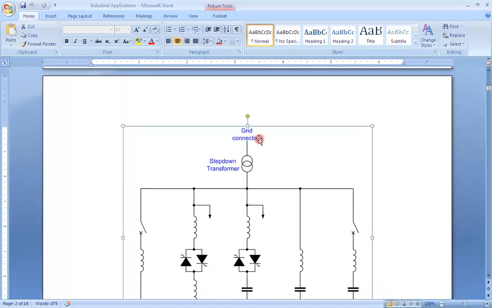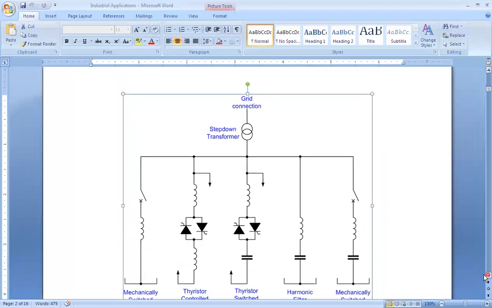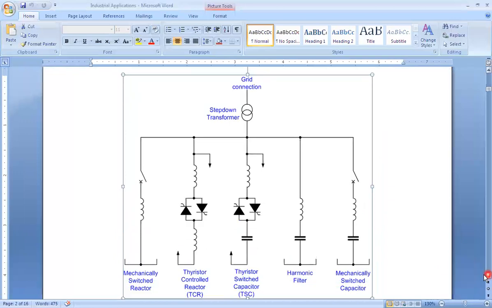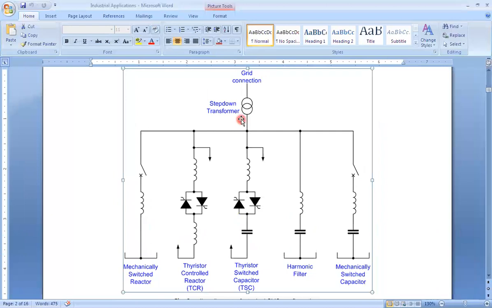This is the grid connection with a step down transformer, and this transformer is connected at the load side with this compensator. Here this is a mechanically switched reactor, right? This is an inductive element connected with the grid line through one switch, but it is a mechanical switch.